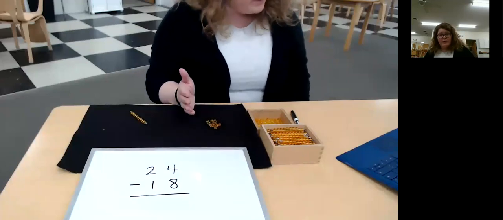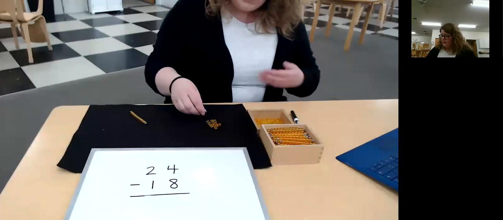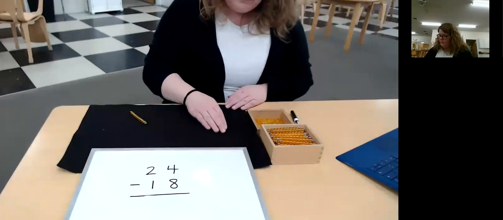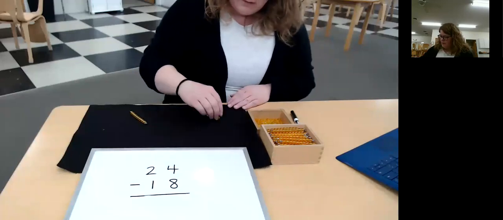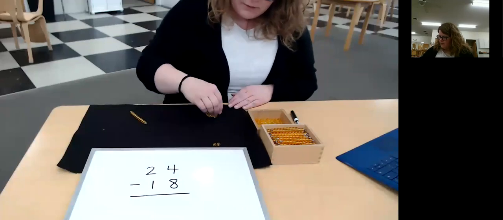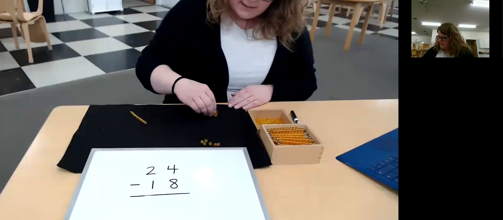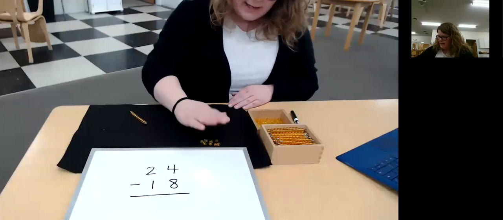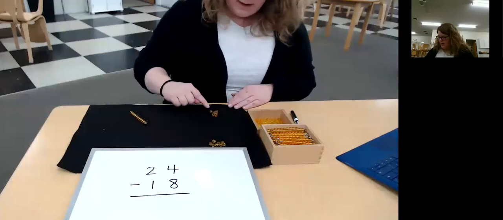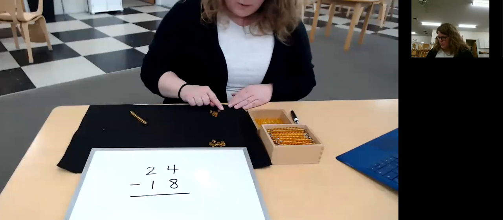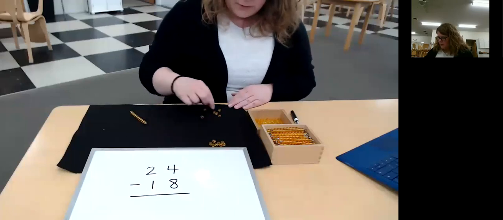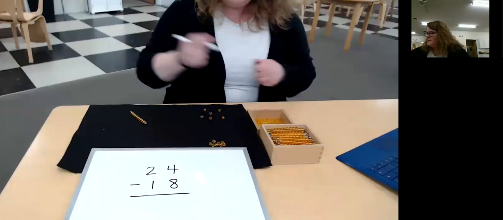Can I take 8 away from 14? Absolutely. So let's do that now. 1, 2, 3, 4, 5, 6, 7, 8 I've taken away. And how many do I have left? 1, 2, 3, 4, 5, 6. I have 6 left.